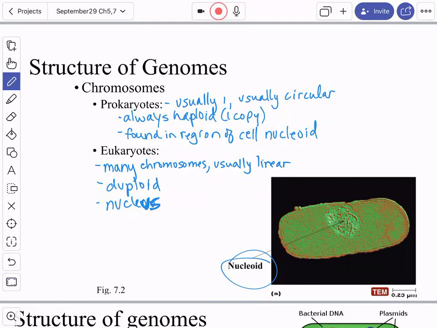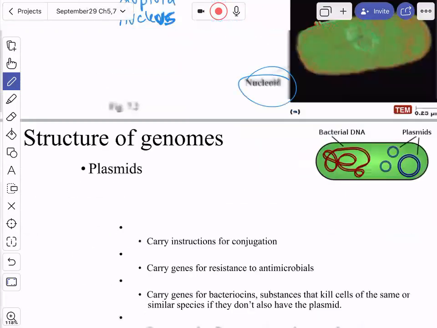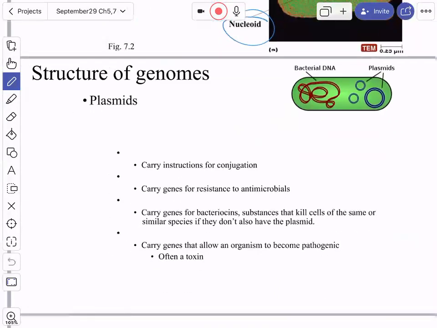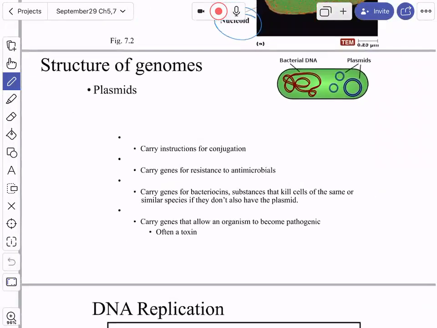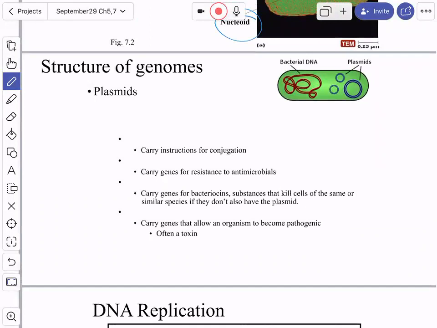All right, so in addition to chromosomes, bacteria, as well as archaea, have a lot of similarities. Archaea actually store their DNA a little bit differently. They use histone proteins, more like eukaryotes. But bacteria also have plasmids in addition to their chromosomes. And plasmids are just small molecules of DNA.